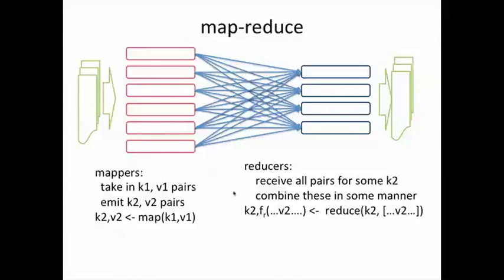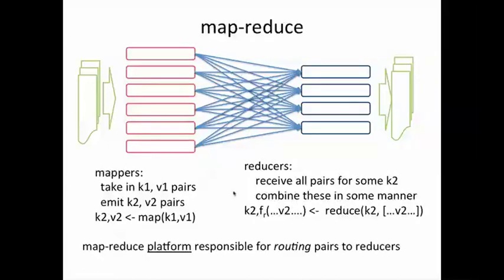The MapReduce platform is responsible for routing pairs to reducers so that all the pairs for the same key end up at the same reducer.